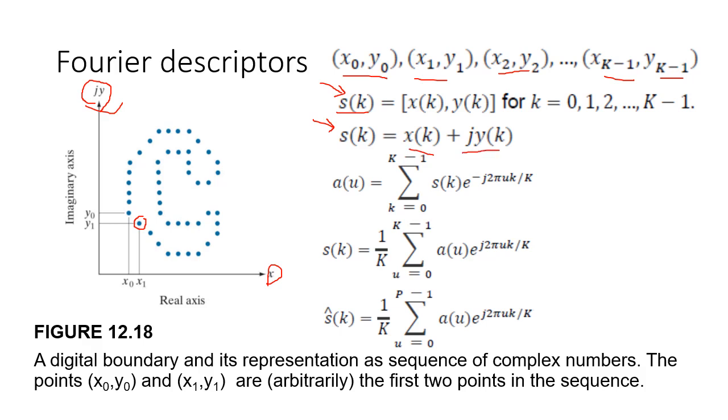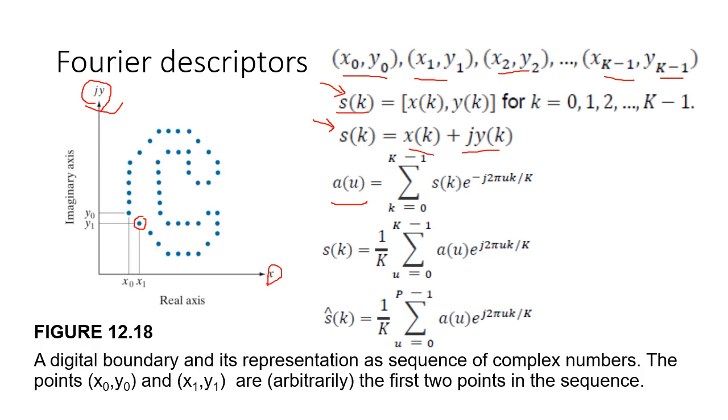Now we could define what is called the a(u). This is how we approximate a curve in a complex coordinate system using the expansion.